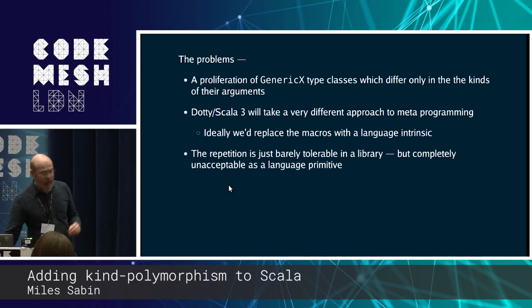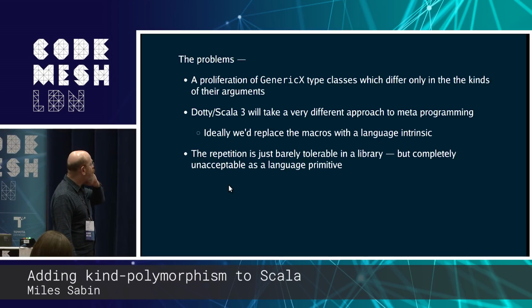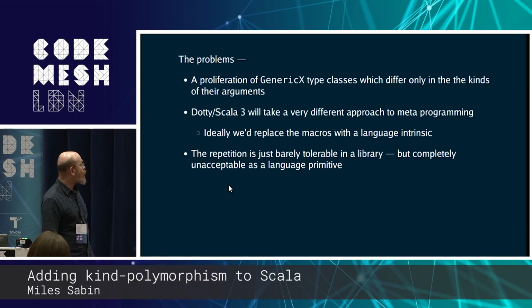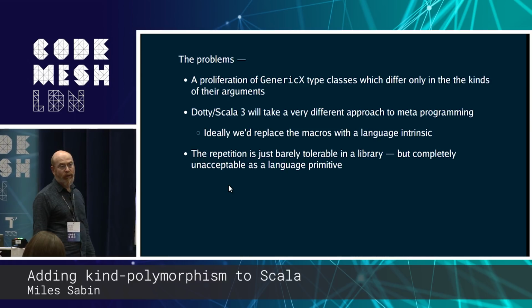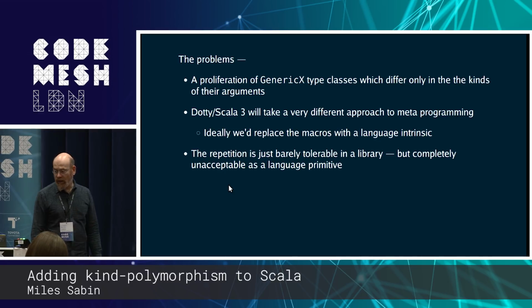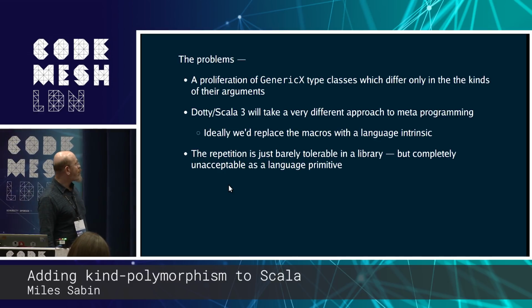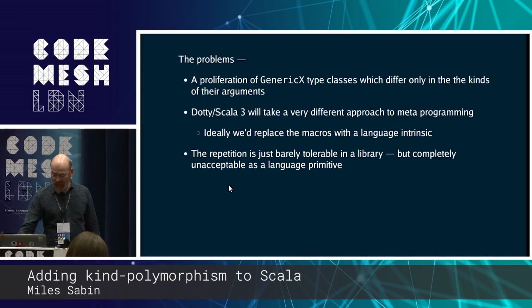And I think this is where the problem becomes really quite serious, because you can live with a bit of repetition, a bit of ad hocery in a library. But as a language primitive, you really don't want that. You want something which is regular and uniform, and without arbitrary restrictions.